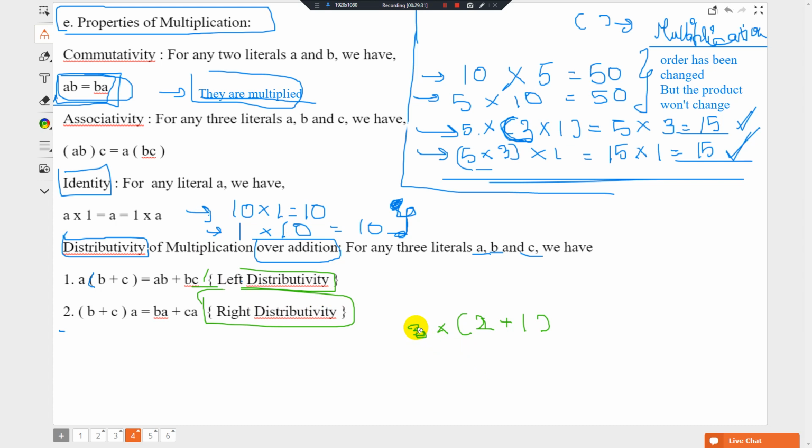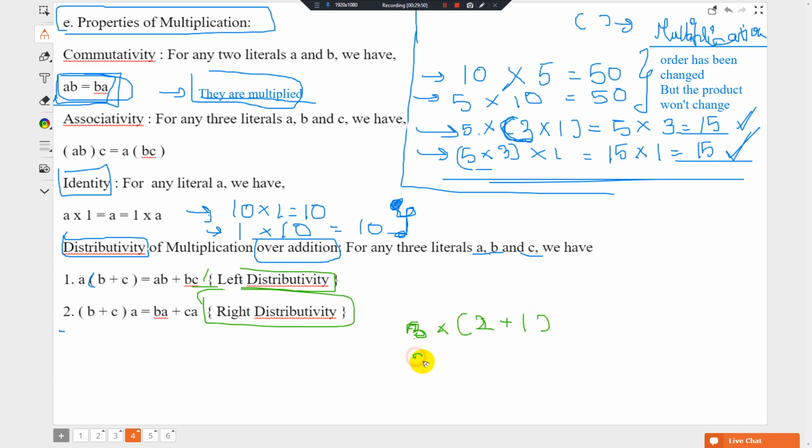Left distributivity means the common number will be outside, at the left. The common number will be at the left side and the grouping will be done at the right side.